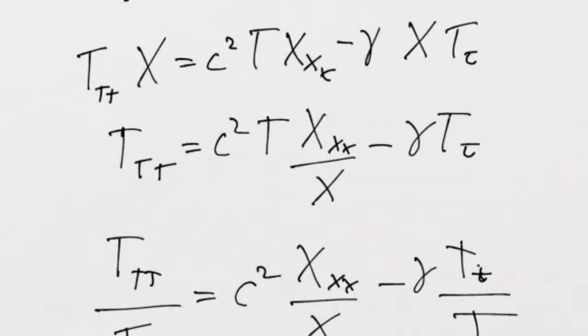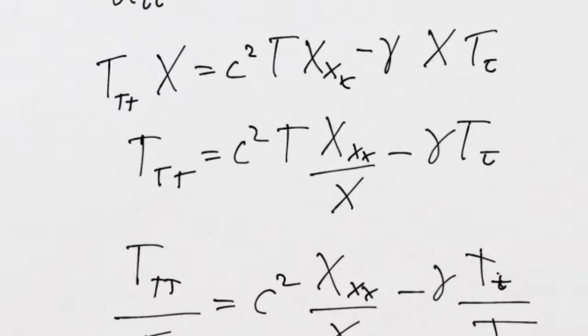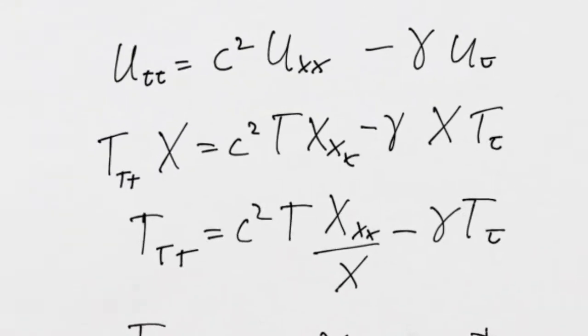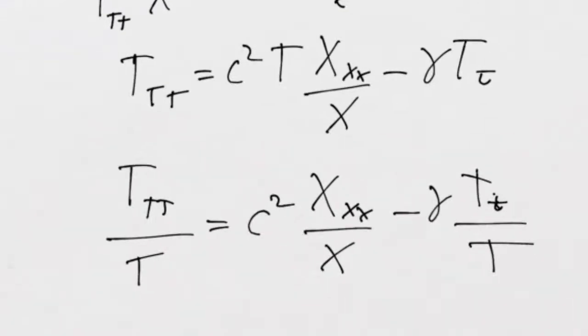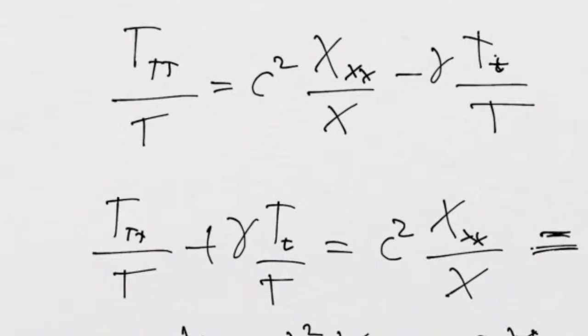This c squared appears here, and that's going to stick with, so when I subtract t, that c squared is going to stick with the x. But I could just as easily take that c squared and divide here.